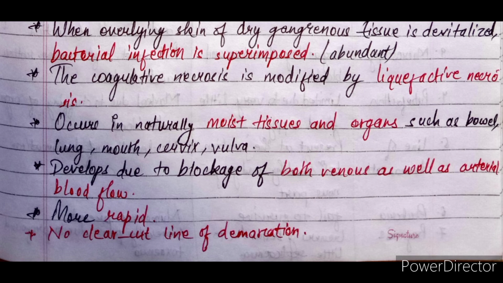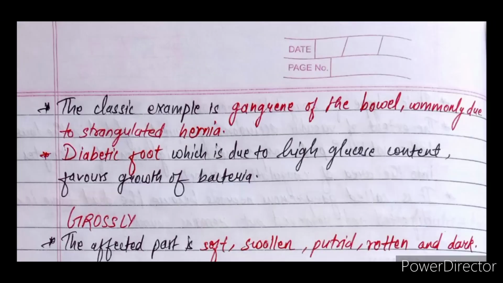And in wet gangrene no clear-cut line of demarcation is seen. The classic example of wet gangrene is gangrene of the bowel, commonly due to strangulated hernia. Another important example of wet gangrene is diabetic foot, where high glucose content favors growth of bacteria.